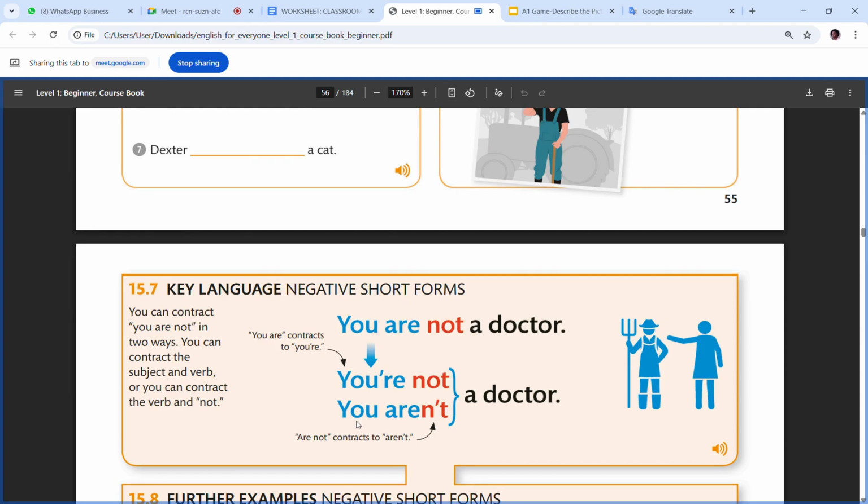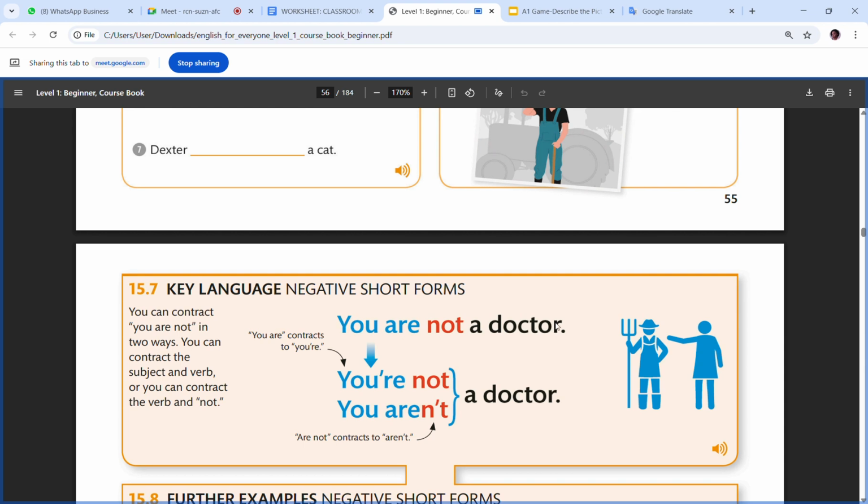Or you can say you aren't, right? So it's the same thing. Instead of saying are not, you contract it to say aren't, okay? So you can say you aren't a doctor, you are not a doctor, right?